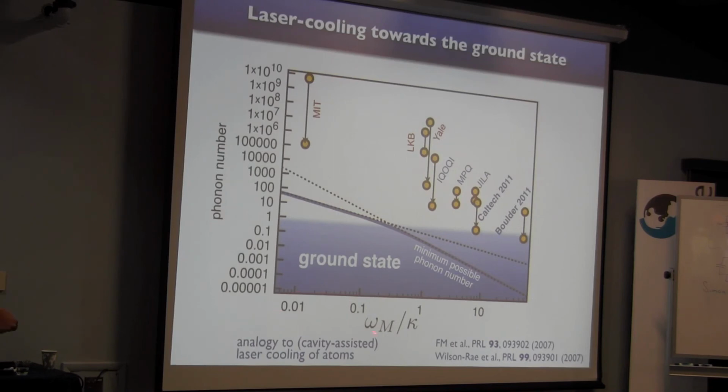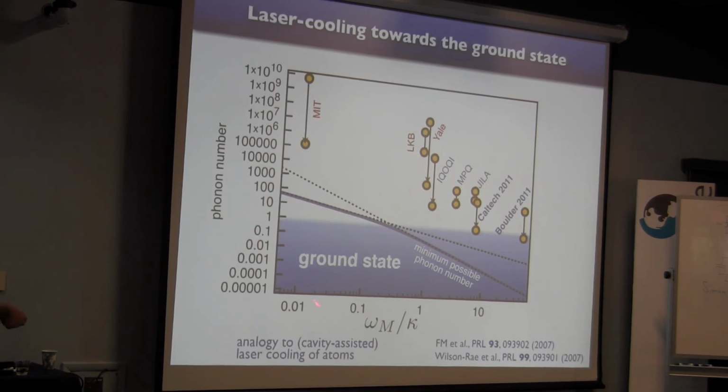On the x-axis is the inverse of this good cavity parameter: how big is the mechanical frequency compared to the cavity damping rate? And of course, we love to be out here. The solid blue curve is showing the coolest you could possibly get the mechanical resonator. The y-axis is the phonon number in the mechanical resonator, and here are the different experiments that have done this cavity cooling.